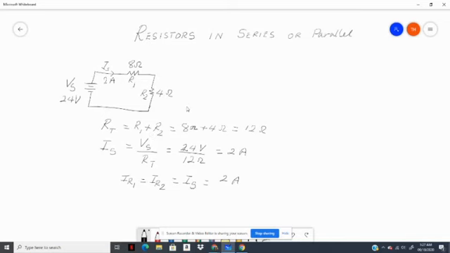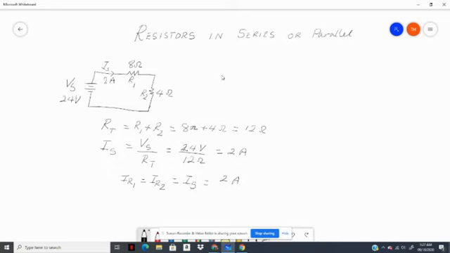So to summarize then, and to give you a formal definition of resistors in series, the total resistance is equal to the sum of the resistors in the circuit, right?